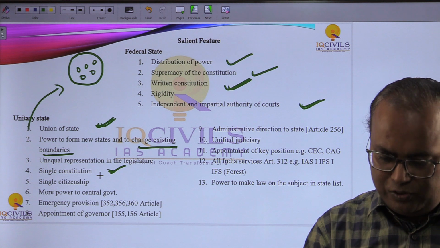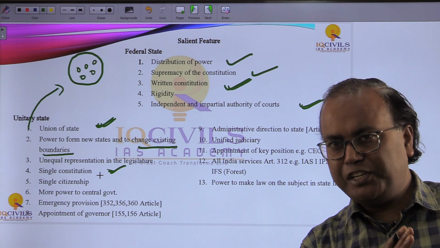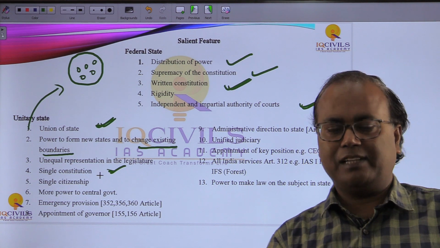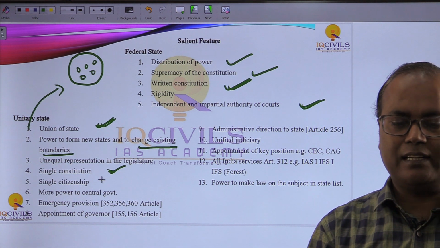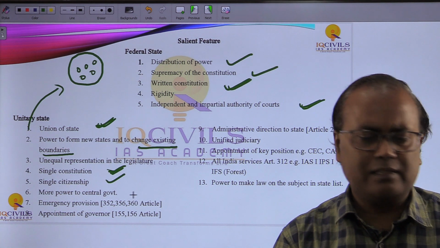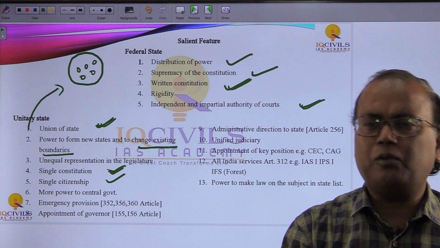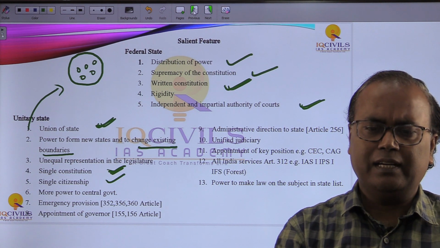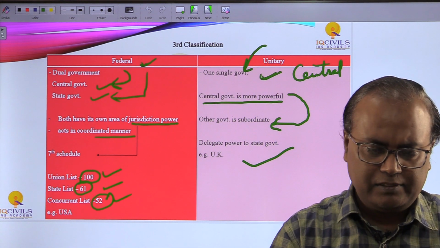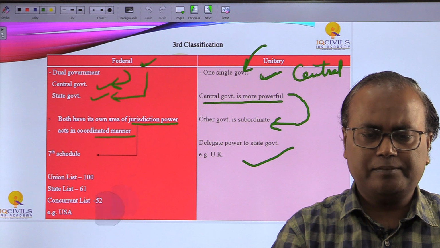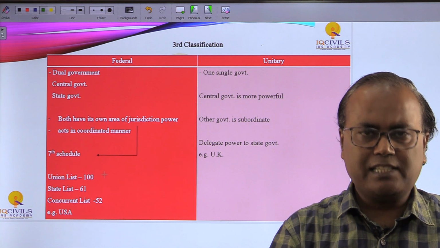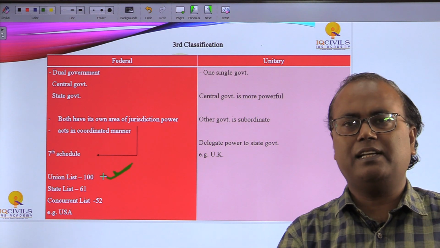So although there is a federation, it has a unitary bias, it is a little bit tilted towards the unitary government. We have a single constitution and single citizenship, and more power is given to the central government. In terms of quality and quantity, just take the example here, where I had already mentioned it. Now we have 100 subjects in the union list.